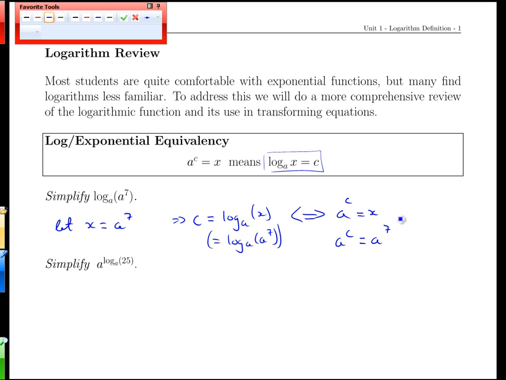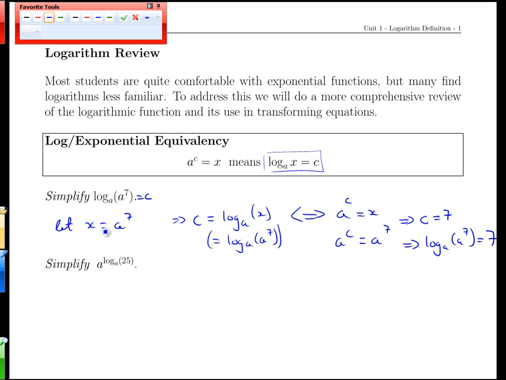And so right away, we can see the only possible solution is that c equals 7. But what's c? c is log base a of x. What's x? a to the 7. So this whole expression up top, what we're looking for, must equal 7 as well.